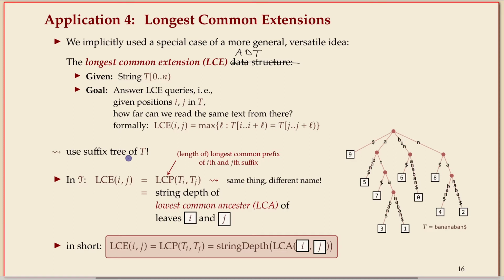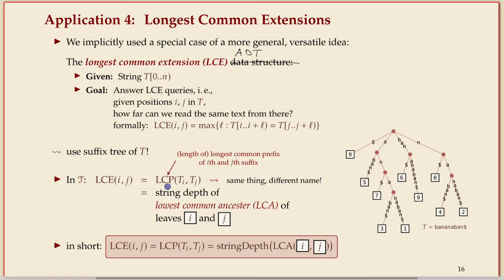A key idea is that the suffix tree somehow seems well suited to support this, simply because longest common extensions are just a renaming of a concept we've used before. So let's unwrap this a little bit. If we want the longest common extension of two positions i and j, we can also look at the suffixes that started at those positions, and look at their longest common prefix.